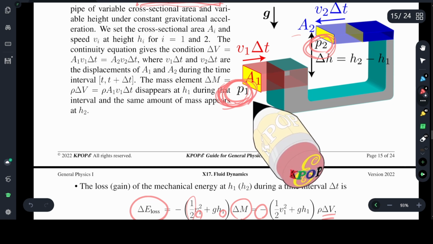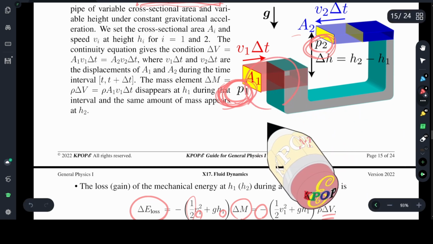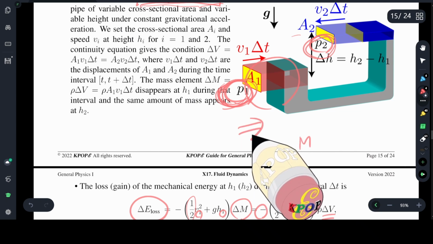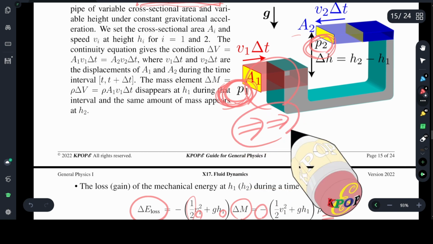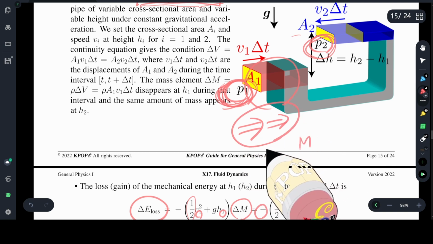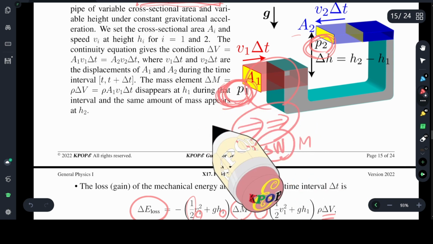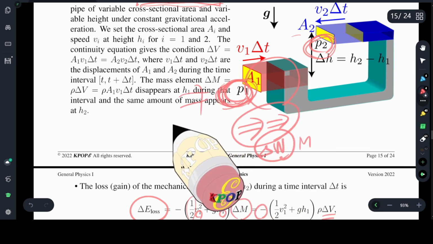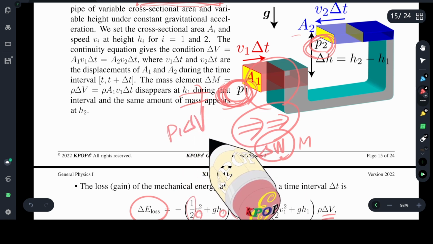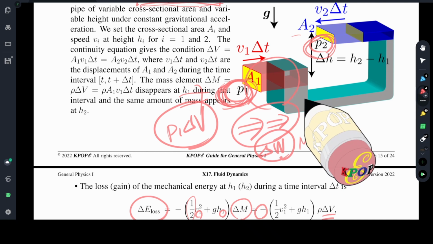But the pressure from the outside, on the left hand side, the force from the outside is in this direction and displacement is parallel. So the amount there is the work delta W done by the external force to the system. So this is P1 delta V, that is the gain of the energy to the liquid.